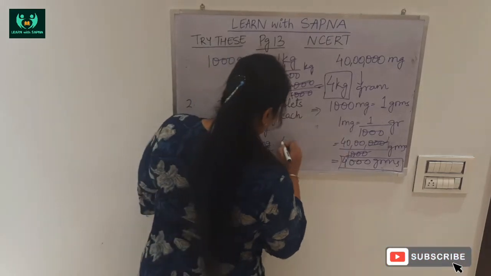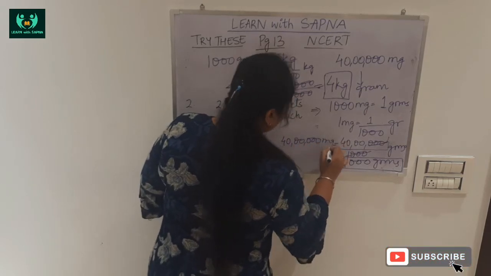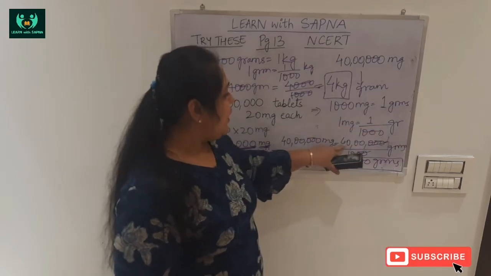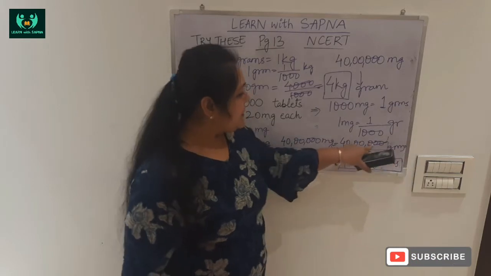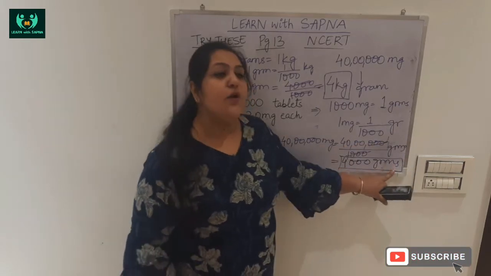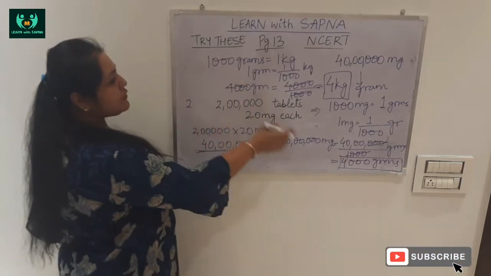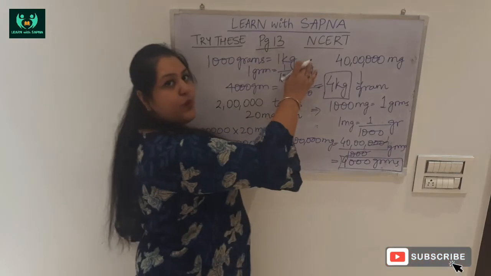I missed a step. 40 lakh mg. We multiplied both sides by 40 lakh. That becomes 40 lakh divided by 1000 grams. 3 zeros cancel with 3 zeros. We are left with 4000 grams. Now into what do we have to convert 4000 grams? Into kg. 1000 grams is equal to 1 kg.